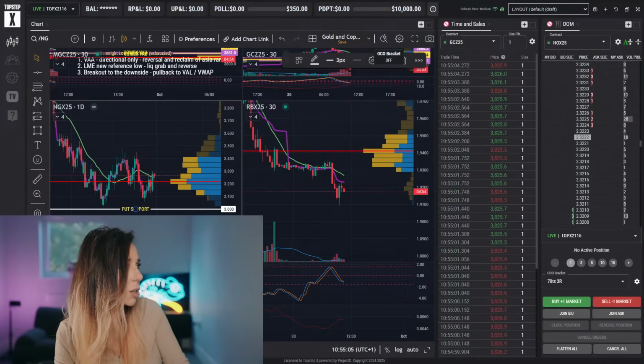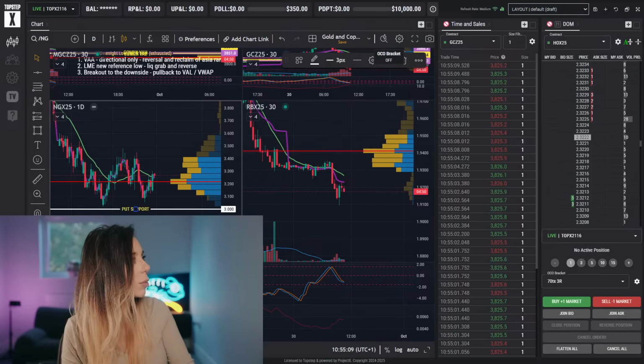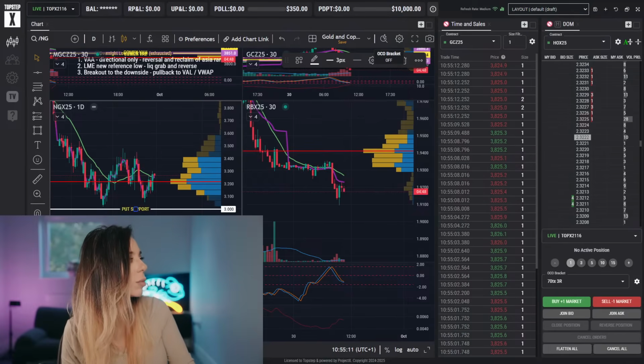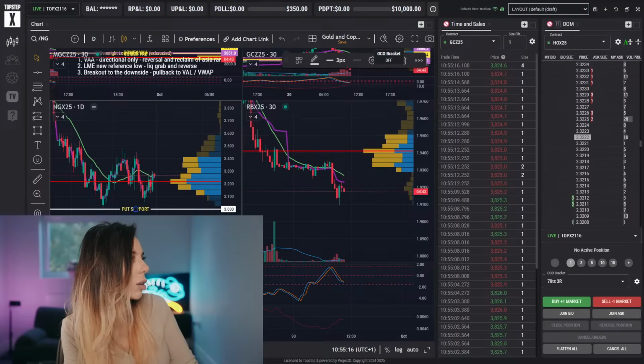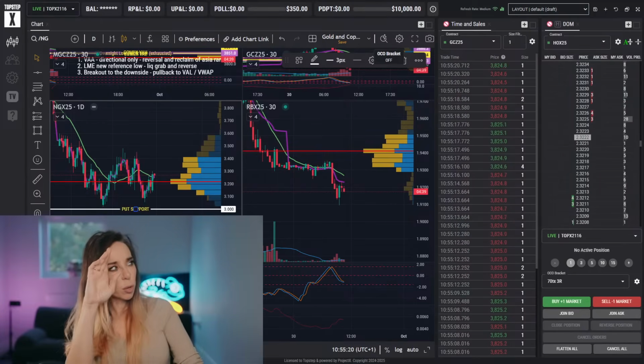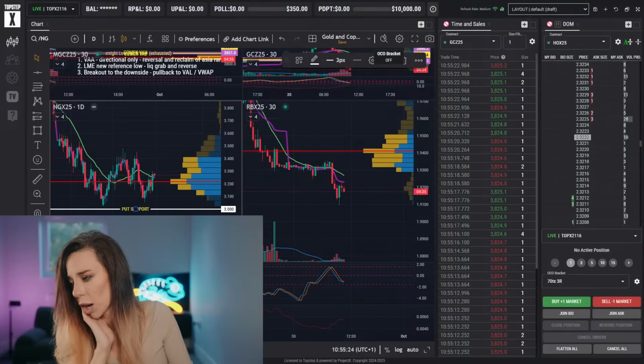London has extended upside. Yeah, so maybe it's time to start buying natural gas. I would still like to see at least a test of 320.